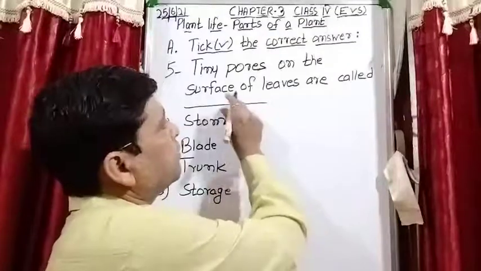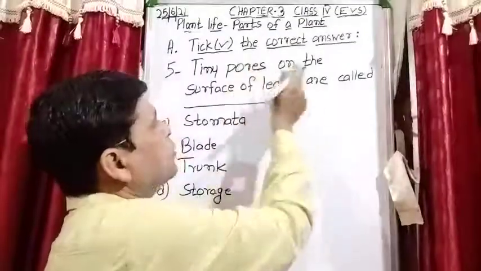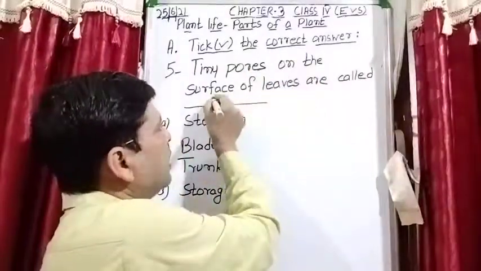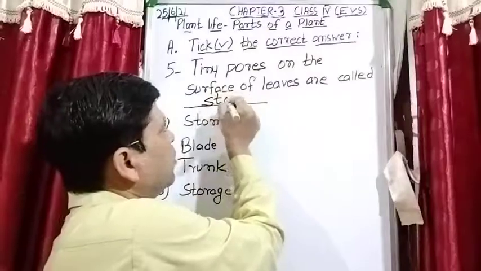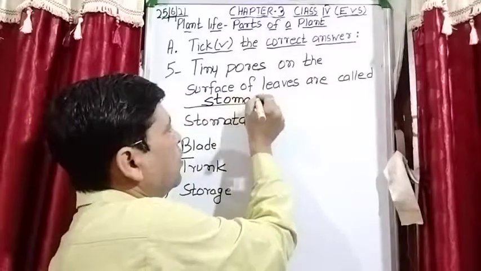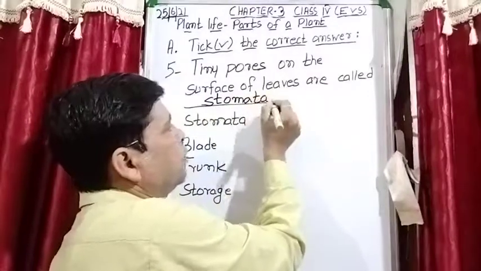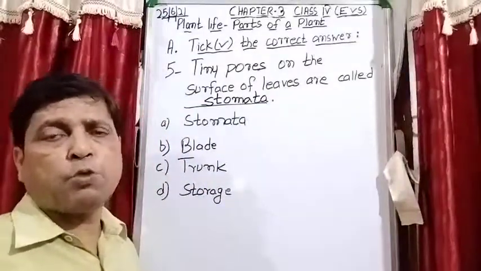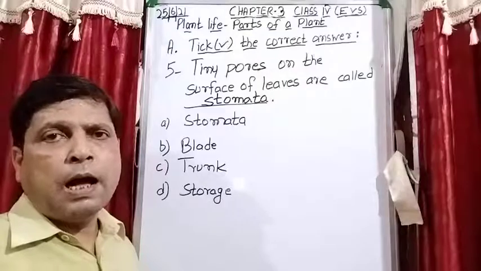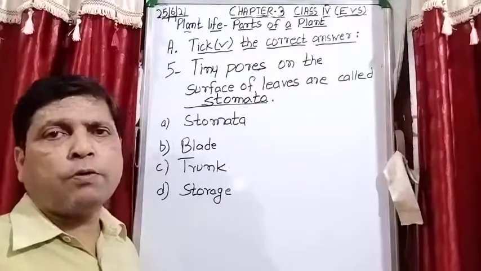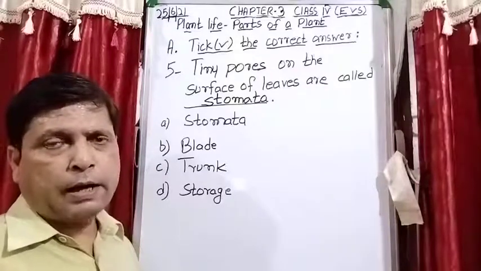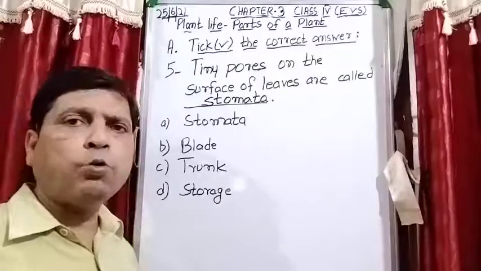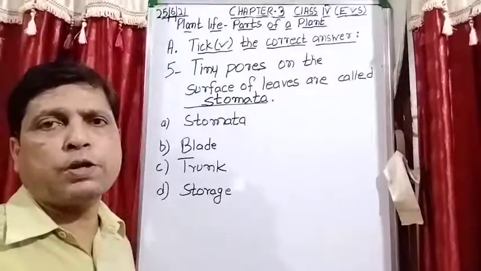So what is the right answer? That is stomata. Tiny pores on the surface of leaves are called stomata. From these tiny pores, what happens? These are the exchange center of the gases. At the time plants prepare their food, they need carbon dioxide.